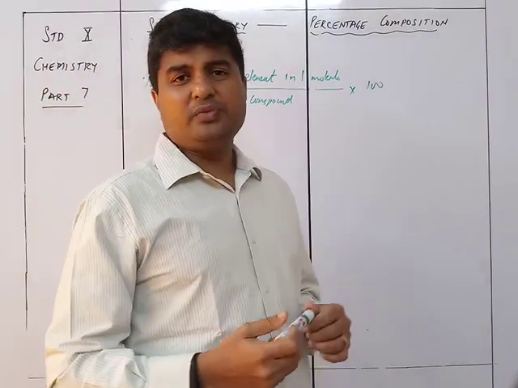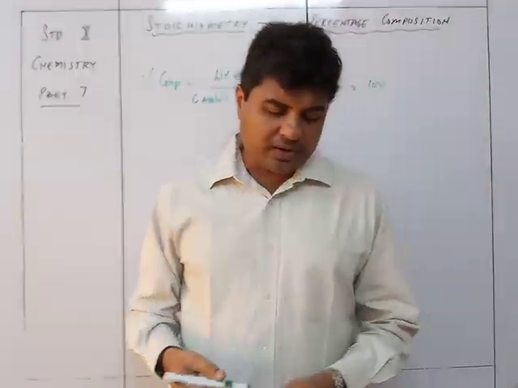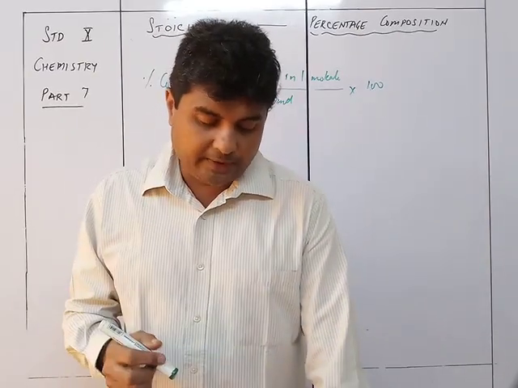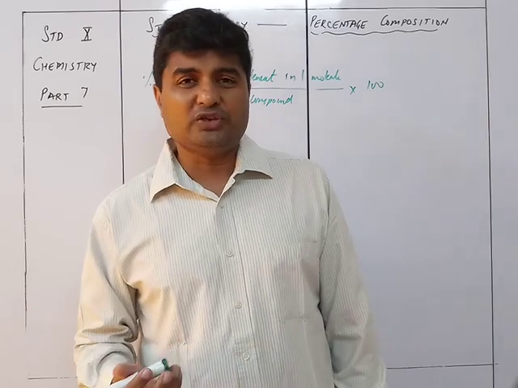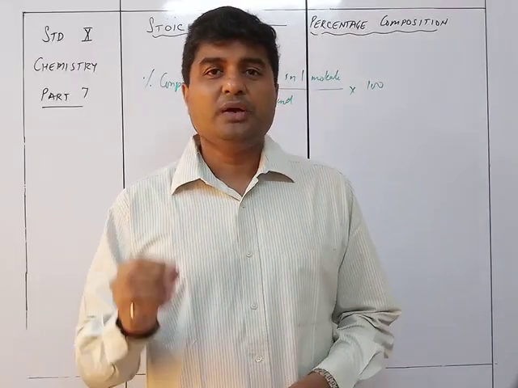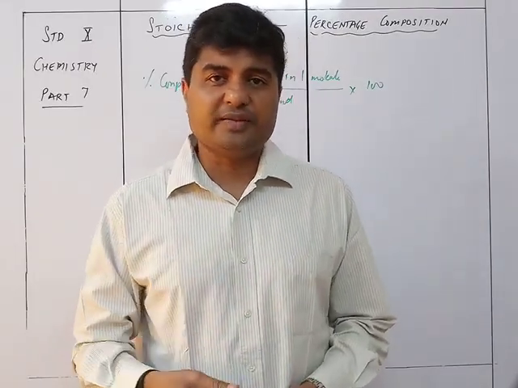Very simple. You will be given this kind of information about a particular compound, and then you will be asked to find the percentage of the different elements present in that compound.